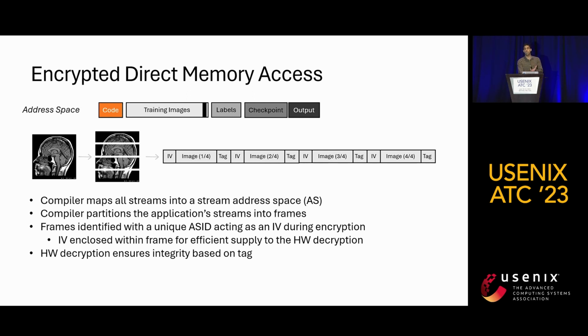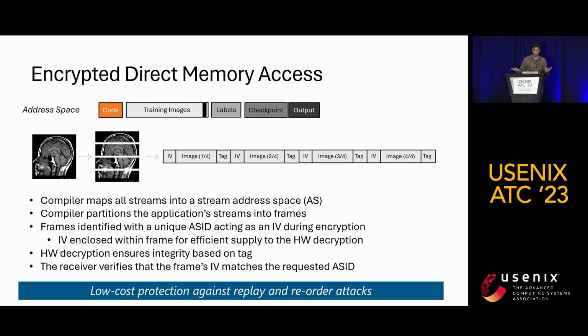But what the decryption engine cannot verify is whether the IV corresponds to the frame that the IPU binary asked for. We can rely on the receiver, the IPU binary, to verify that the IV matches the identifier it requested. This way, we have a low-cost protection against replay and reorder attacks.